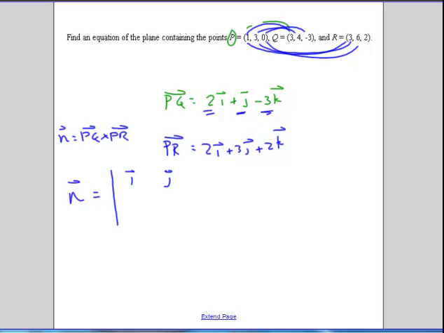So we have i, j, k, 2, 1, negative 3, writing the coefficients, 2, 3, 2.